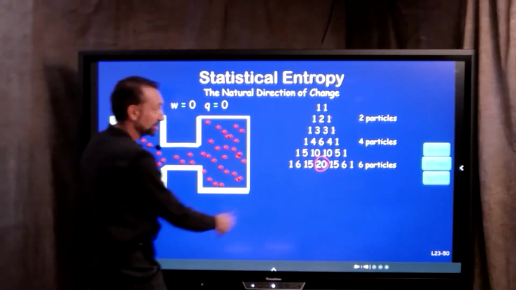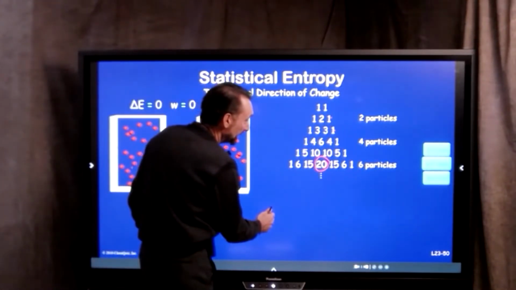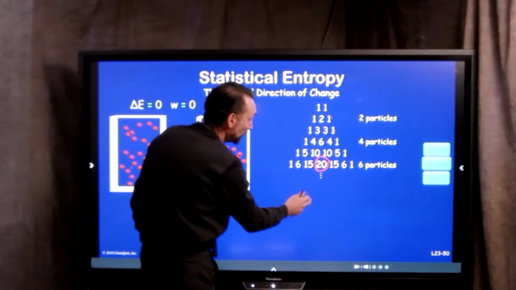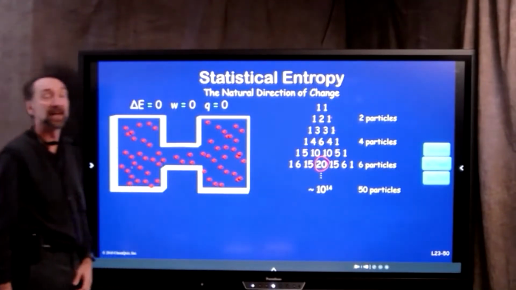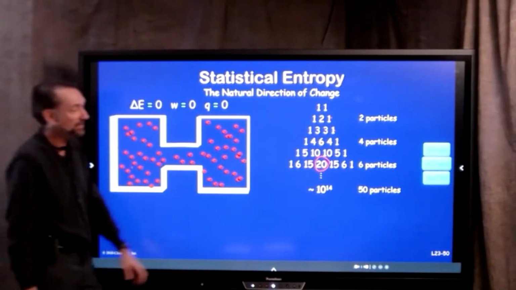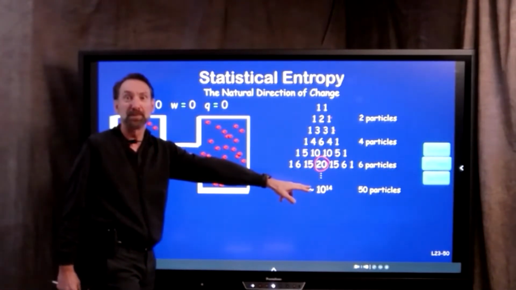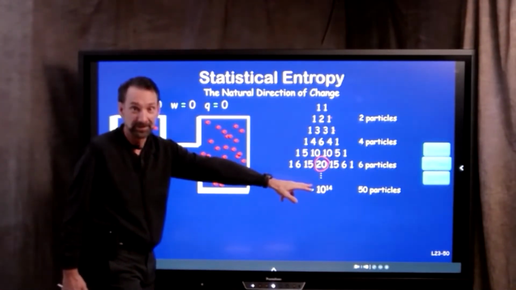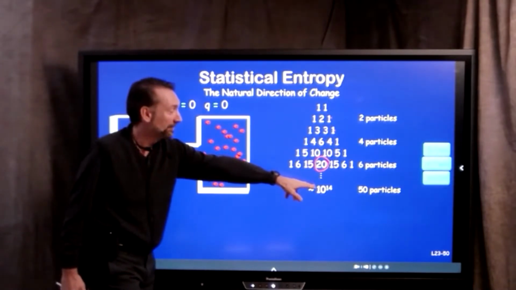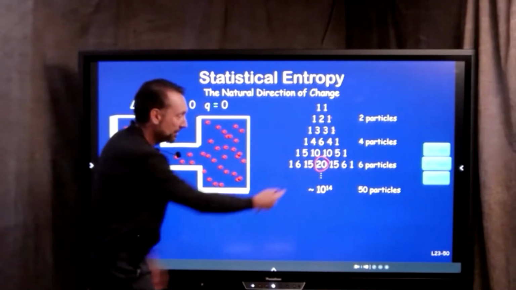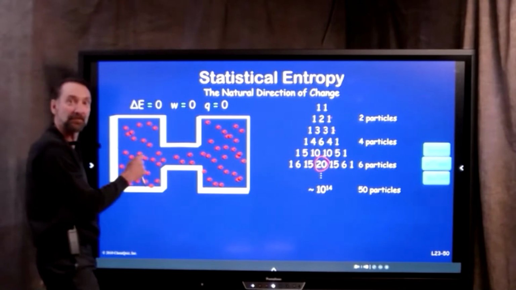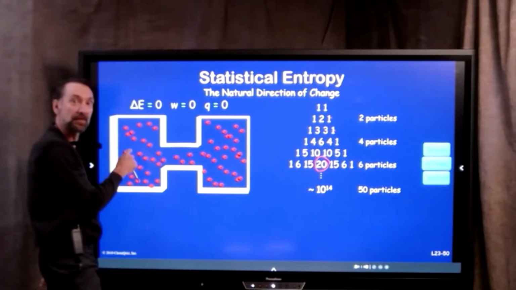We can continue this. This number in the middle, which is what we want to know about, gets big really fast. By the time I'm just to 50 particles, it's hundreds of billions of times more likely that you'll have them spread out equally than way out here where you'd have them all on one side.